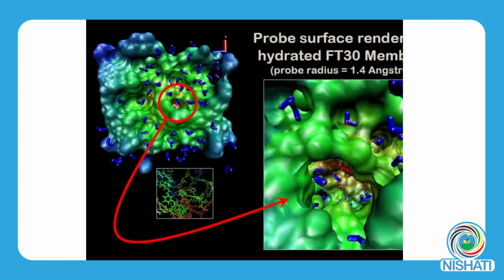We can see water. These are water molecules. This is the oxygen, and this is the hydrogen. So water molecules are oriented into the space.